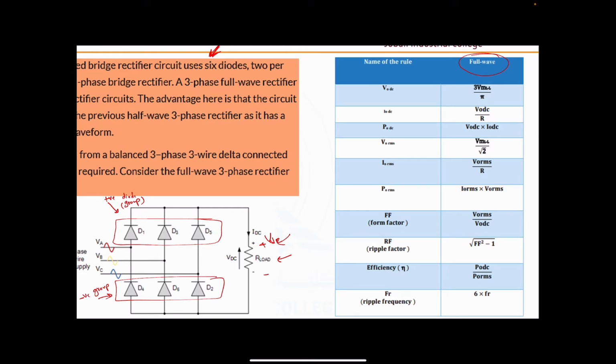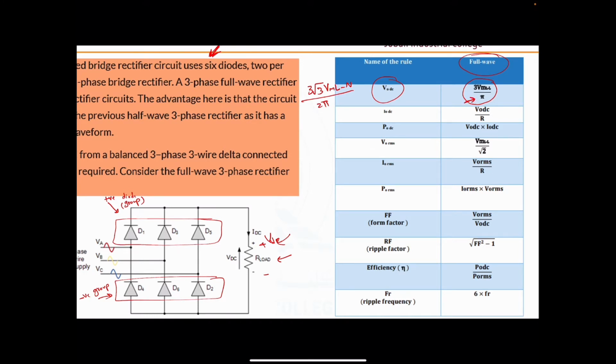In order to find V out DC, we can apply this formula, which is 3 V maximum line to line divided by pi, right? Now, you remember in the three-phase half-wave rectifier, it was 3 root 3 V maximum line to neutral divided by 2 pi. Now, why do we have pi here?